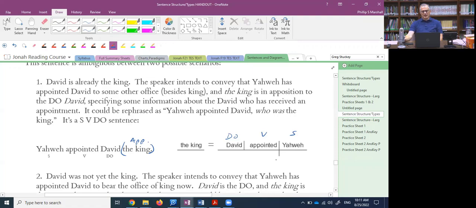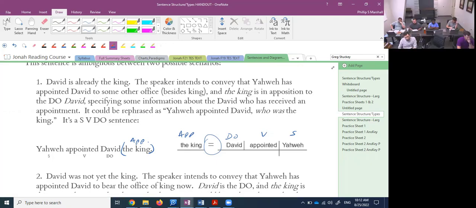With these sorts of lines. And then appositives are separated from the noun to which they're anchored by an equal sign. Because in apposition, the anchor noun and the appositive noun always refer to the same entity.